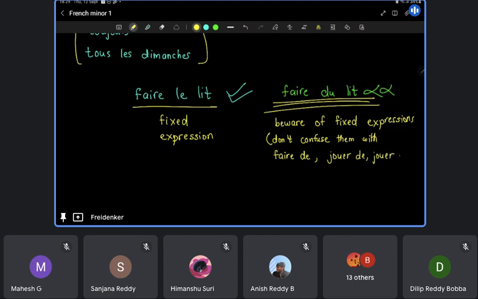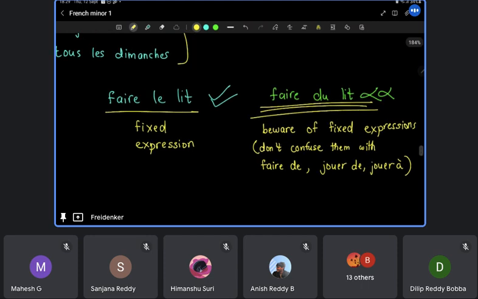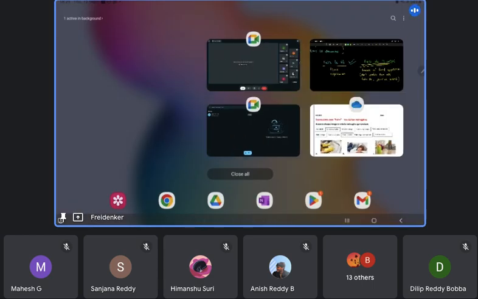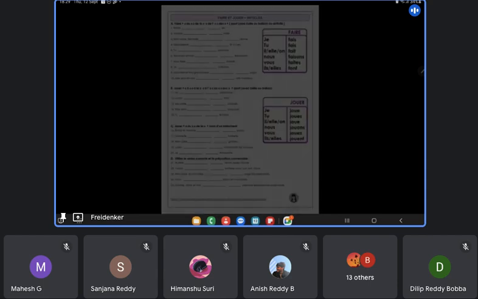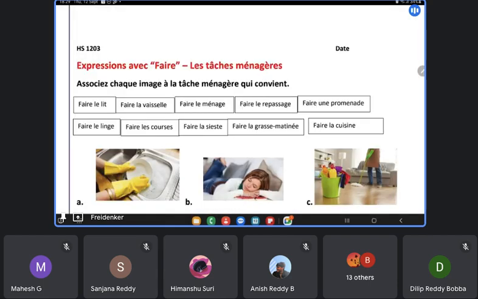We learned how to use all these three things, no? Faire de, jouer de, and jouer à. You should not confuse them with this. Despite them having the same faire, you should not confuse them. How do you not get confused? You're supposed to know these expressions are fixed. Whatever is given here, they won't ask you more than this. Hopefully. I mean, they won't. If you know this much, you know probably more than most of the people at MU at least.